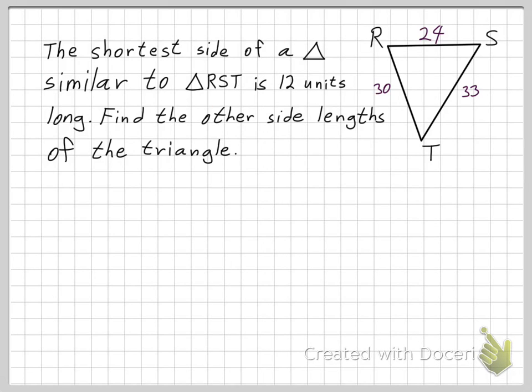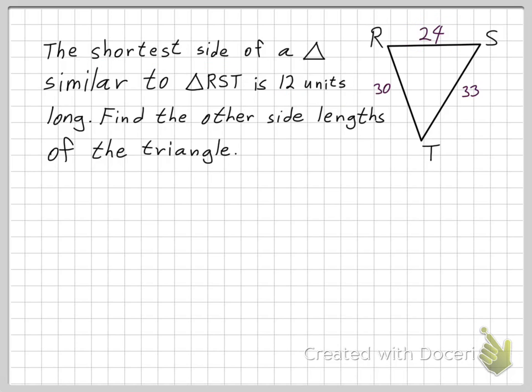So in this next problem, we have that the shortest side of a triangle similar to triangle RST is 12 units long, and we need to find the other side lengths of this new triangle. First off, I'd want to notice that it says the shortest side is 12 units long. Well, then that must be corresponding to 24, because 24 is my shortest side of triangle RST.